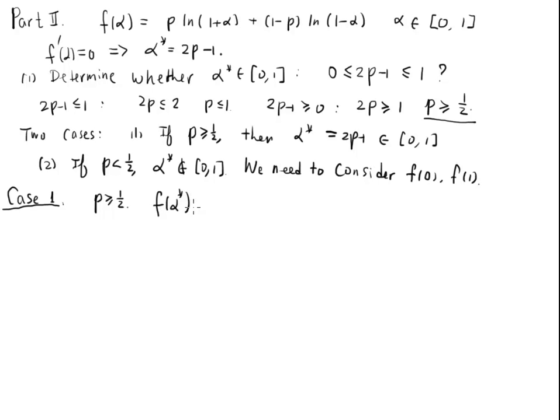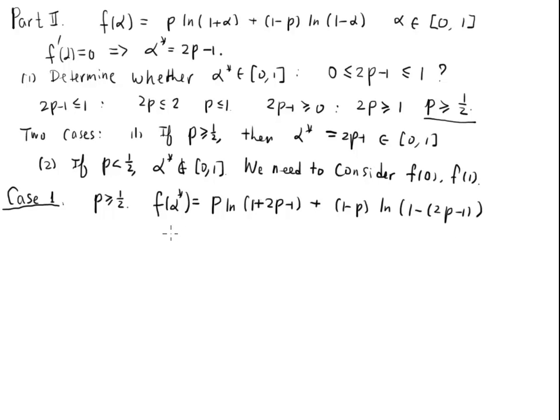F of alpha star over here, we plug it in, and then we have p log 1 plus 2p minus 1, and then we have over here 1 minus p, and we have log 1 minus 2p minus 1. If we simplify, this is log 2p, and over here is log 2 minus 2p.